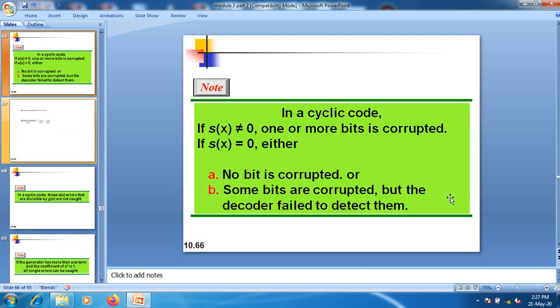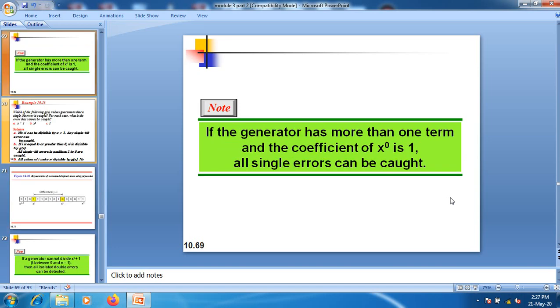When it comes to detecting the single bit error, we are very much interested in what kind of generator polynomial we should and must use here. If you have a single bit error, in that case my e of x function can be defined as e of x equal to x to the power i.